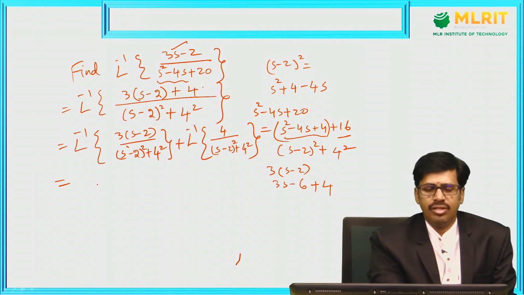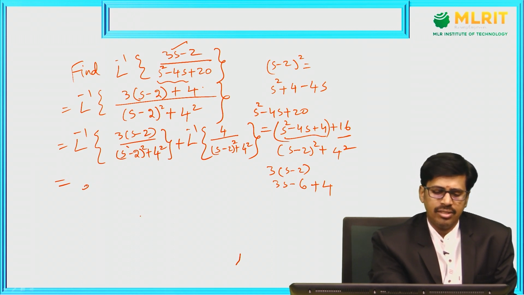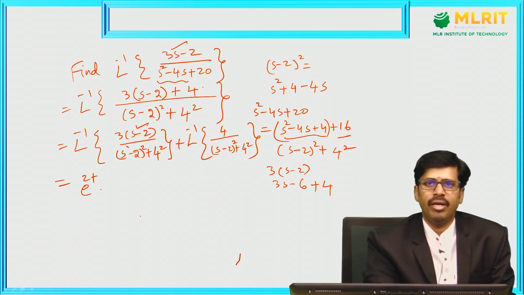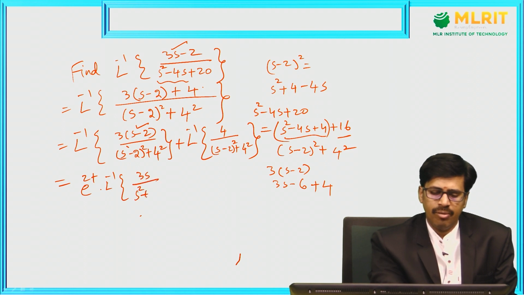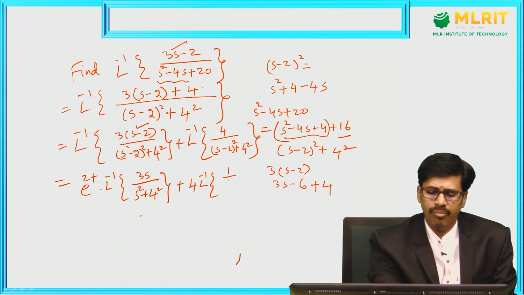Using first shifting theorem, we write it as e^2t. Since s − 2 is there, we multiply with e^2t: L inverse of 3s by (s² + 4²), and here also 4 into L inverse of 1 by (s² + 4²). This e^2t, let us take it common.